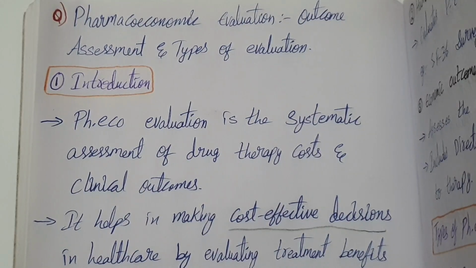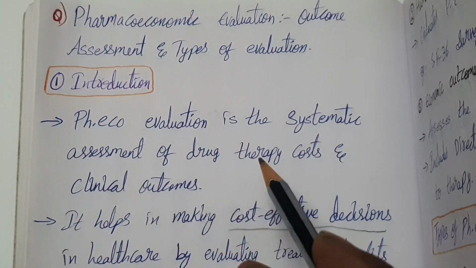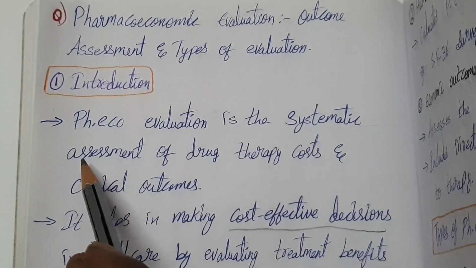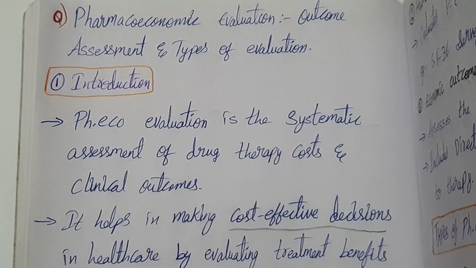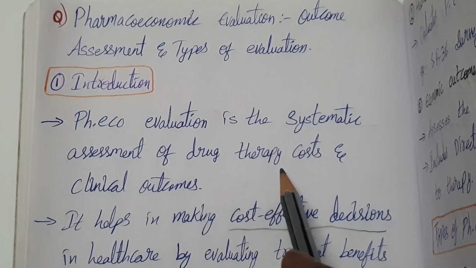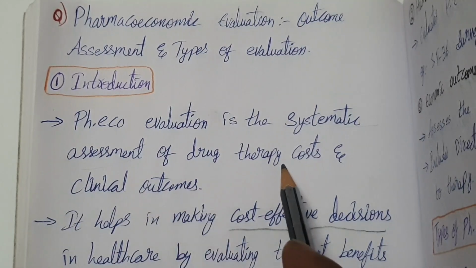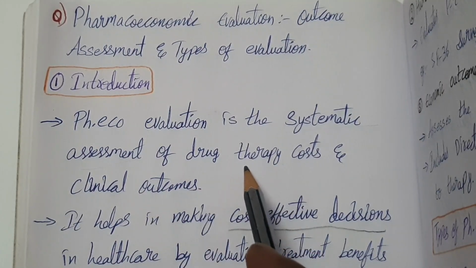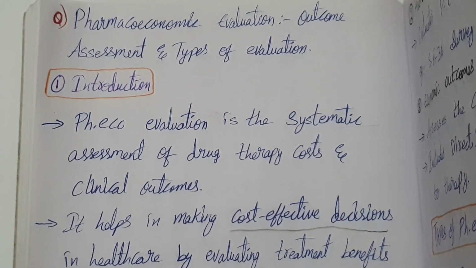So starting with the introduction, pharmacoeconomic evaluation is a systematic method or assessment that compares the cost of drug therapy with the clinical outcomes it produces.